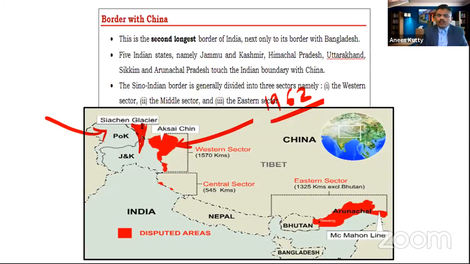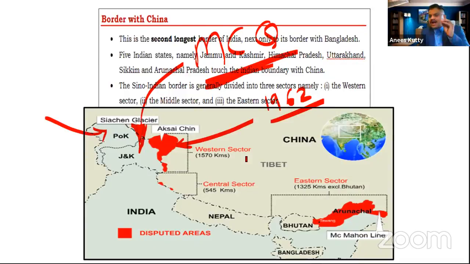It is the world's highest battlefield. Why is it politically important? Because it separates Pakistan from China. That is one of the reasons.